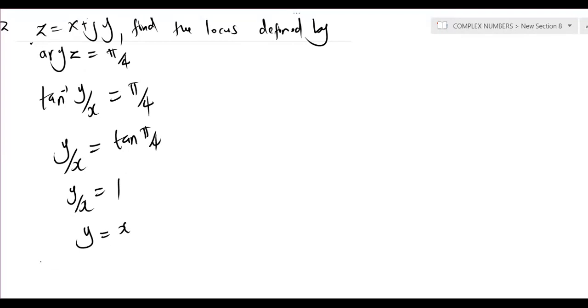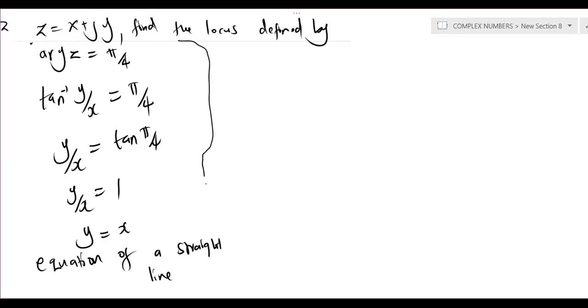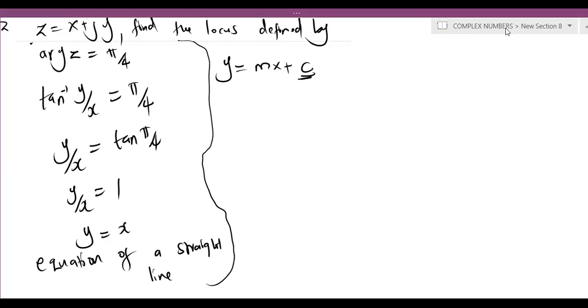And this clearly is the equation of a straight line. We know that the general format of the equation of a straight line is y is equal to mx plus c, where c is the y-intercept. So here our y-intercept is 0 because it's not present.